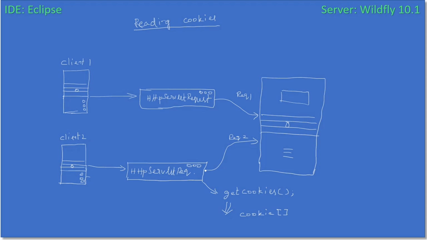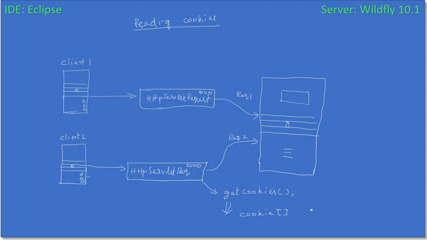So using getCookies, the servlet can get all the cookies which were stored in the client machine as part of the previous response. So in the subsequent request, the client machine pushes those cookies to the web server, right? So the servlet makes use of the API getCookies, and getCookies will return the cookie array.